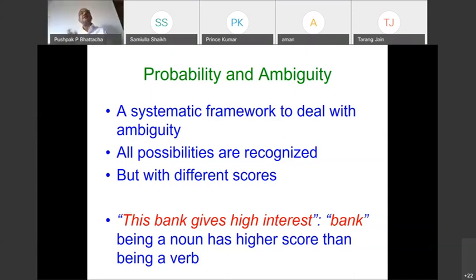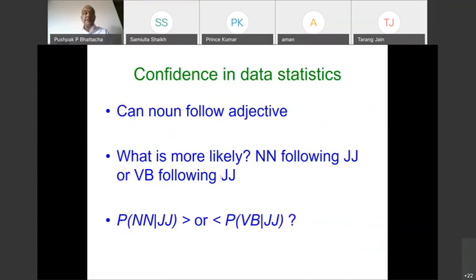Is there any relationship between these two methods of giving a probabilistic score and changing the embedding values? What is the connection? So do reflect on this. There is some essential difference between statistical NLP and neural NLP.